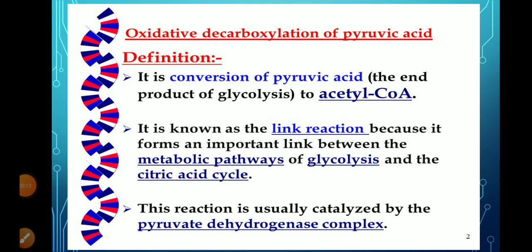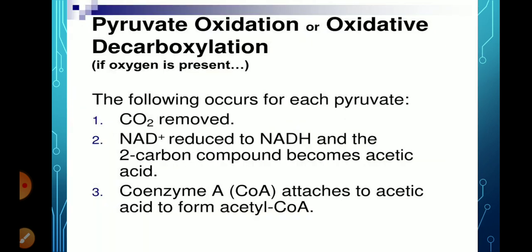This reaction is usually catalyzed by pyruvate dehydrogenase complex. So the conversion of pyruvic acid, which is the end product of glycolysis, is done to acetyl coenzyme A. So let's go through this process.